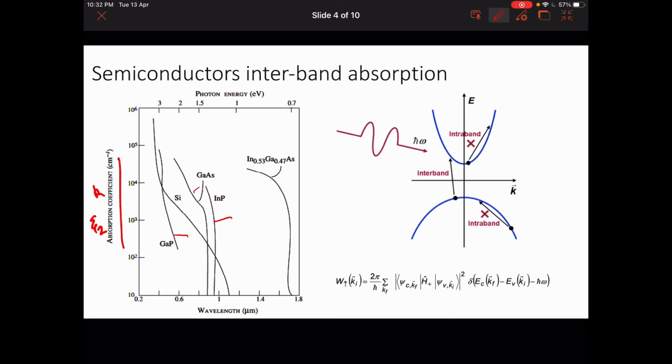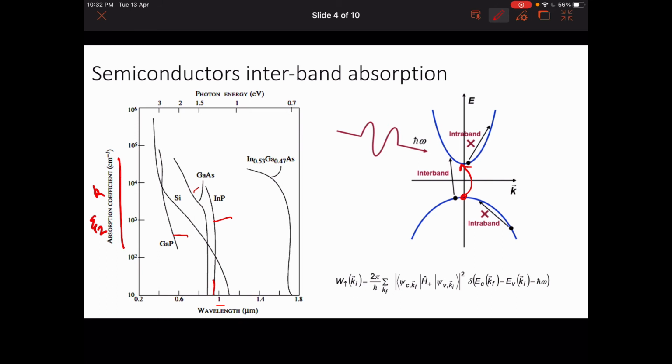You can see that these are 0 for wavelengths larger than 1 micron, and then you have a sharp increase in the absorption value as the electromagnetic radiation has wavelengths smaller than this value, or energy larger than this. So basically, if you have an electron here and energy values larger than this, you have an interband transition from here to here, which is seen in the absorption coefficient measurements.